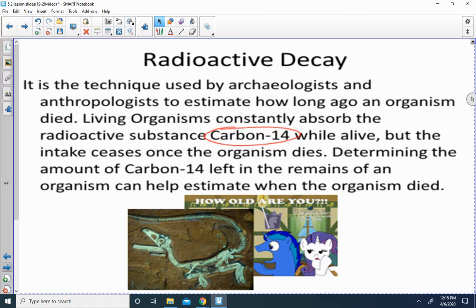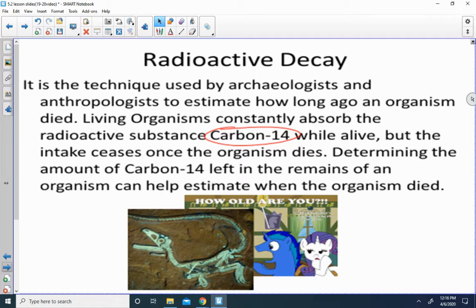Living organisms constantly absorb the radioactive substance carbon-14 while alive. But the intake ceases once the organism dies. Determining the amount of carbon-14 left in the remains of an organism can actually help estimate when the organism died.